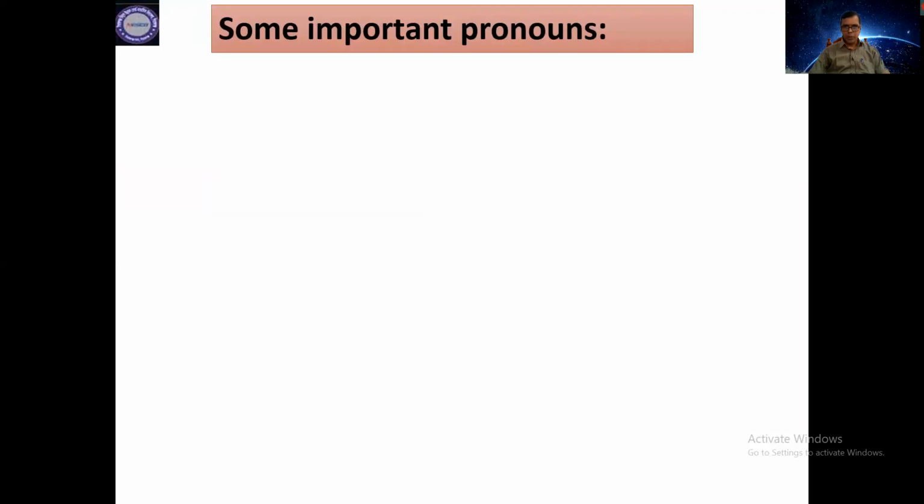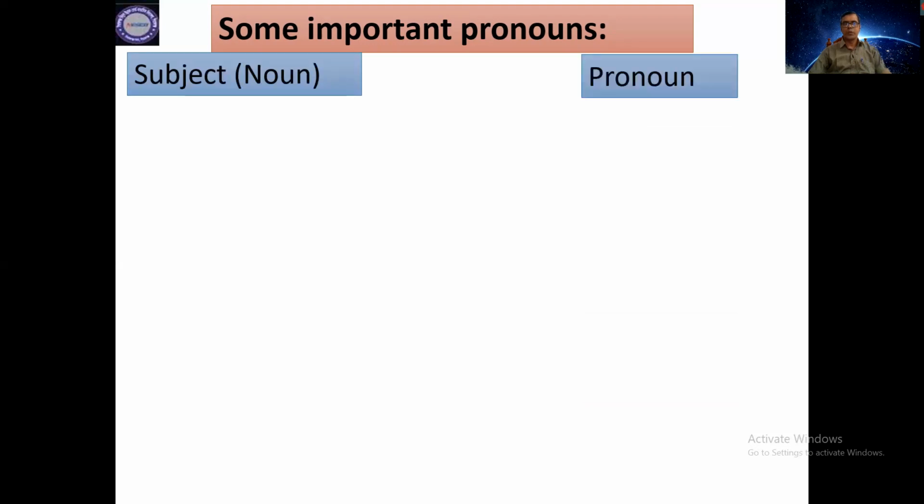Some important pronouns. When you do a tag question, you need the pronoun of the subject. Especially students are weak in pronouns, so you have been given some important pronouns that are necessary to do tag questions. Subject, noun, and its pronoun.